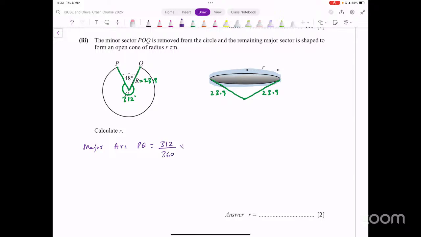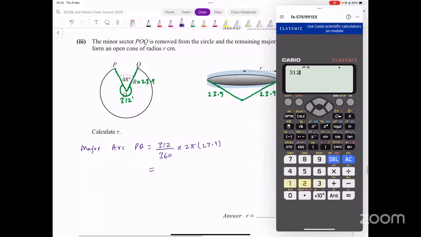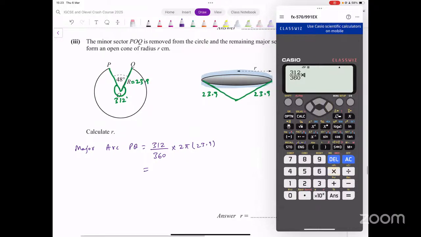What do we get from this? 312 divided by 360 times 2 pi times 23.9.